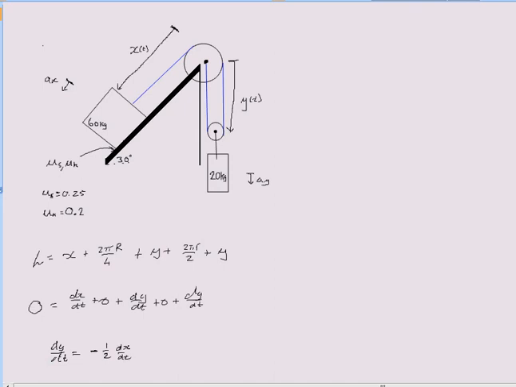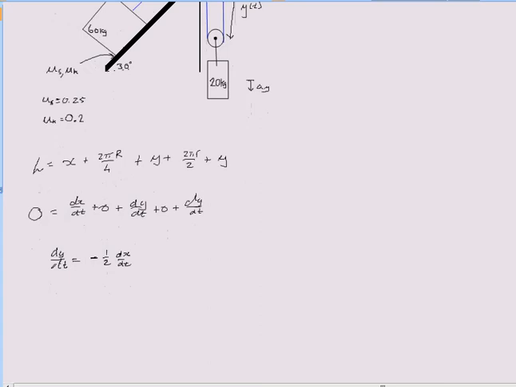That's just grouping the dy/dt's and dividing by 2. Alright, well, if we were to differentiate one more time with respect to time, that would imply that d squared y/dt squared is going to be equal to minus a half d squared x/dt squared.